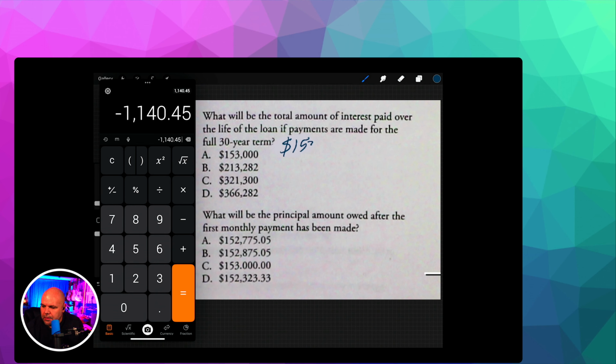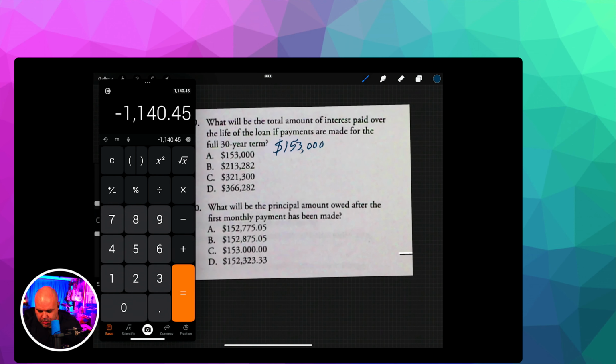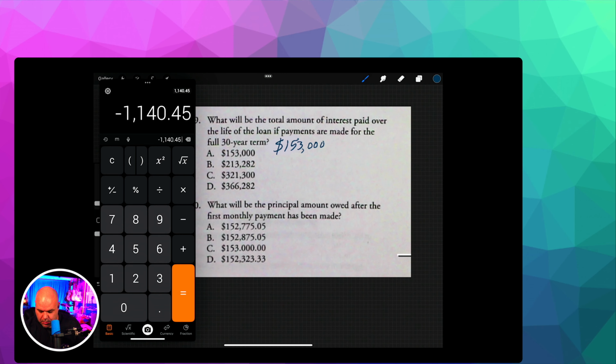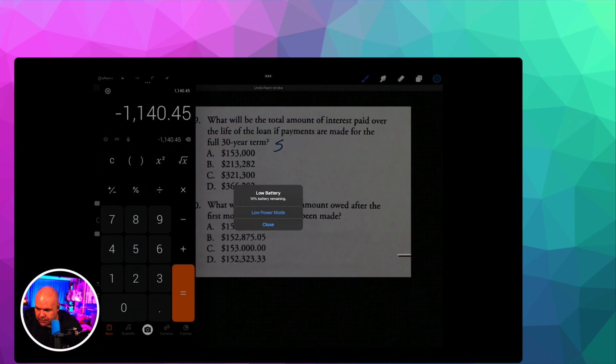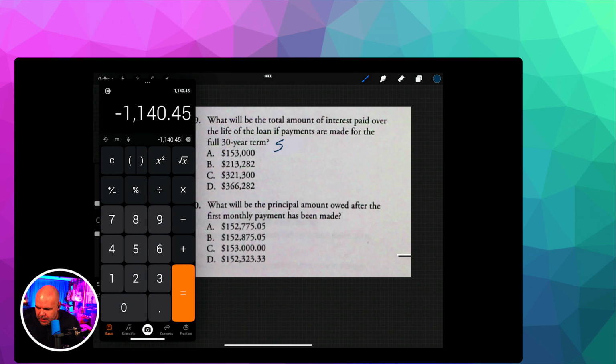There we go. Loan amount is 153. Sorry, I was on the wrong problem. One second, let me make sure my power is good. I don't want to lose this. Power cable came undone. There we go. That should be better.